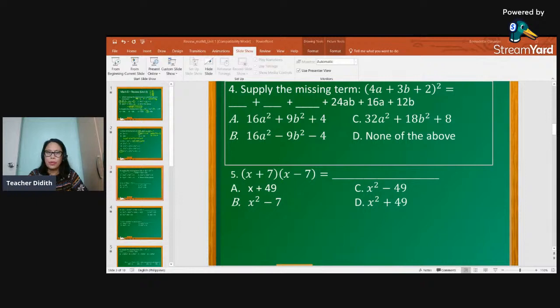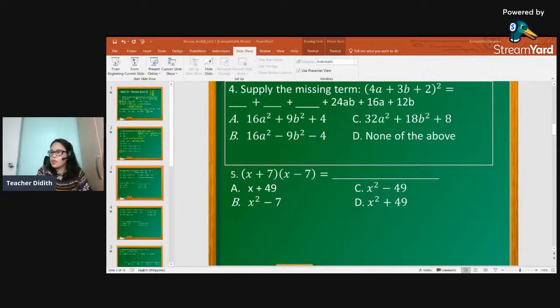Okay, for number 4, supply the missing term. So it's the square of trinomial, okay? So the square of trinomial is obtained by working on the square of the first 3 terms, and then twice the product of the first and the second term, plus twice the product of the first and the last term, plus twice the product of the second and the last term.